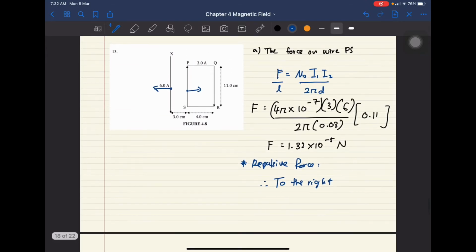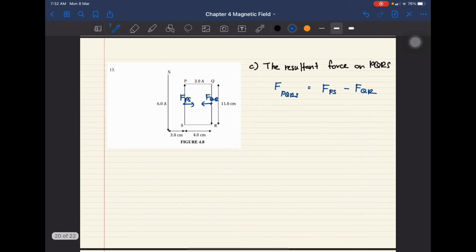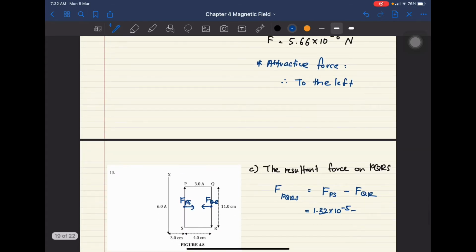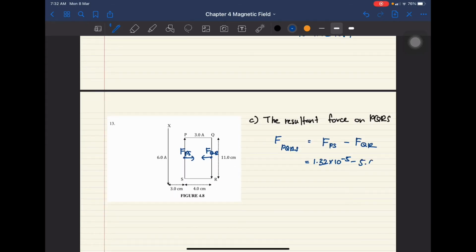PS just now I got 1.32 times 10 negative 5, and QR 5.66. Here I got 7.54 times 10 negative 6. Because this one is positive, you expect the direction to be to the right.